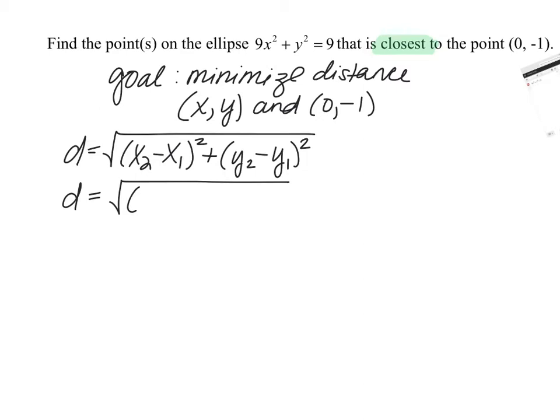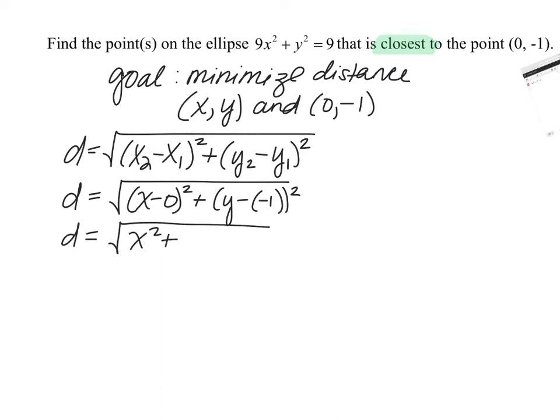So the distance between our points will be the square root of (x minus 0) squared plus the quantity (y minus negative 1) squared. And if we simplify, this will be the square root of x squared plus (y plus 1) squared. So this is a great equation that relates x and y and d being distance.